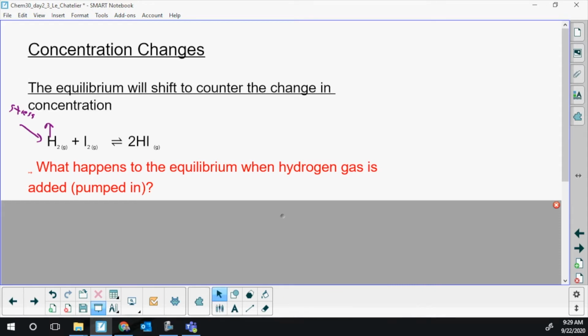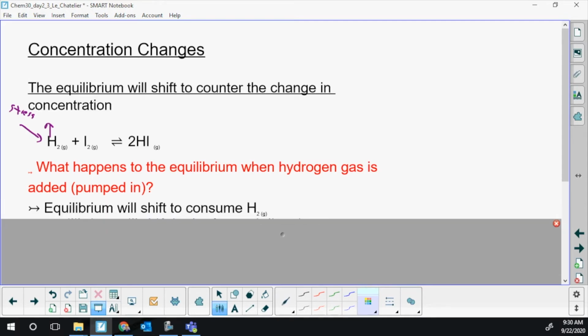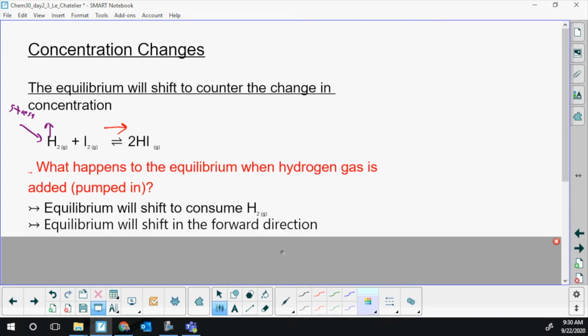Okay. So the equilibrium is going to shift to try to undo that added hydrogen, which would be to lower the concentration of hydrogen. So it's going to shift to consume it. If you consume it, you want it to be a reactant, so we want it to go in that direction. That will make the hydrogen gas be what's consumed, which would be the forward direction, which causes the hydrogen to start going down.